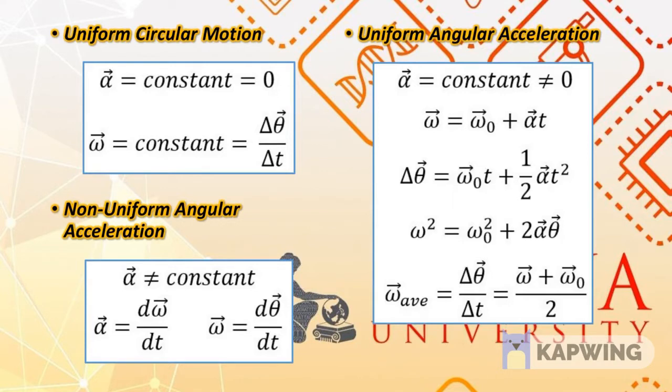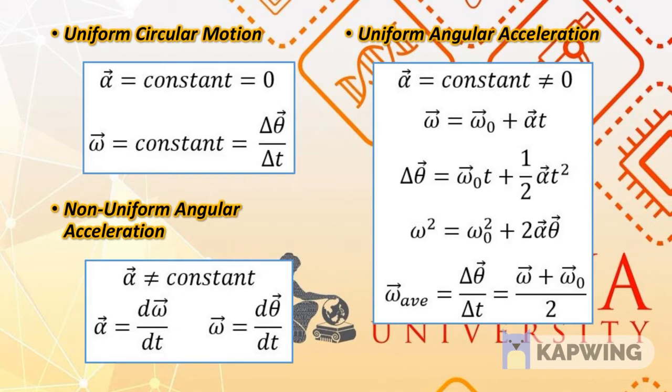Just like in linear kinematics, motion in a straight line, the type of motion that an object will experience will depend upon the acceleration of the object. For motion in a straight line, you have uniform motion, uniform acceleration, and non-uniform acceleration. For angular motion, we have uniform circular motion, uniform angular acceleration, and non-uniform angular acceleration.